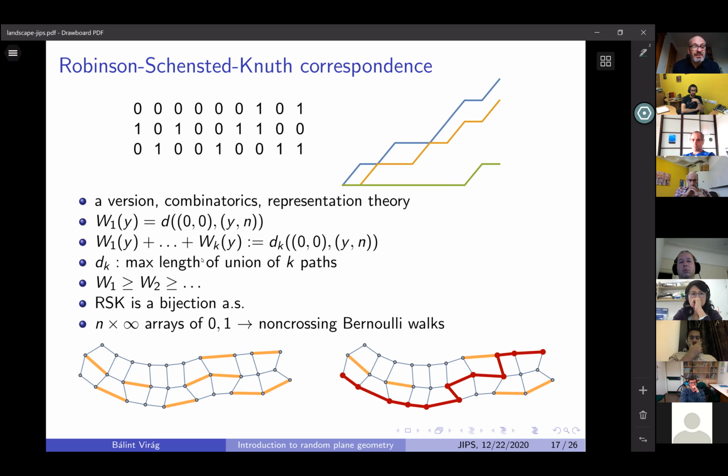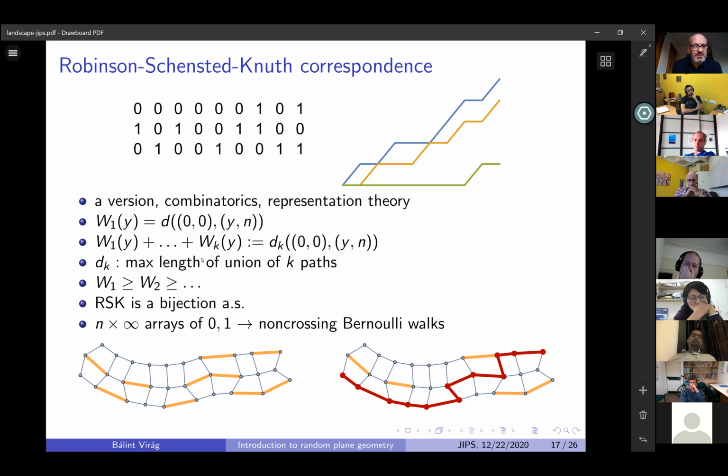One fact is that these W's form a non-increasing sequence of functions. So the picture that you see is always like this: the blue line is on top, the orange one is weakly below, and the green one is weakly below the orange. So W1, W2, W3, and there is an amazing property, which is that RSK is almost surely a bijection.